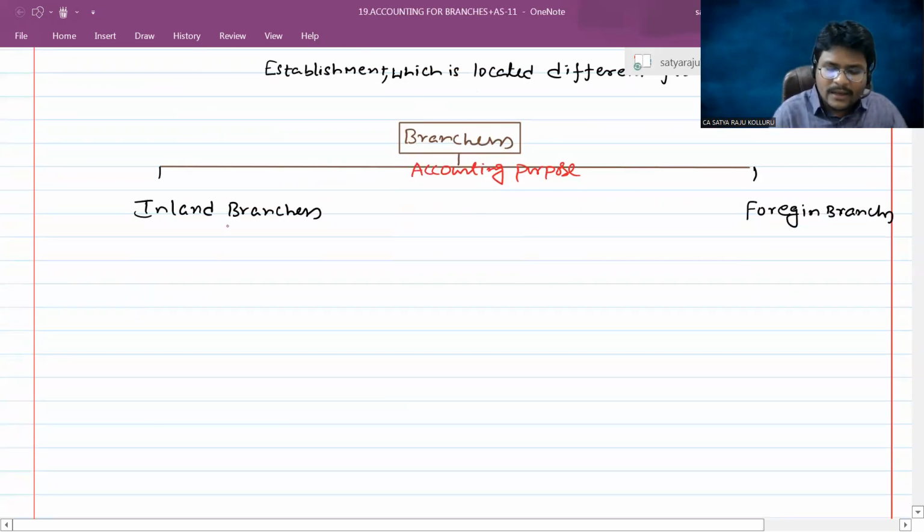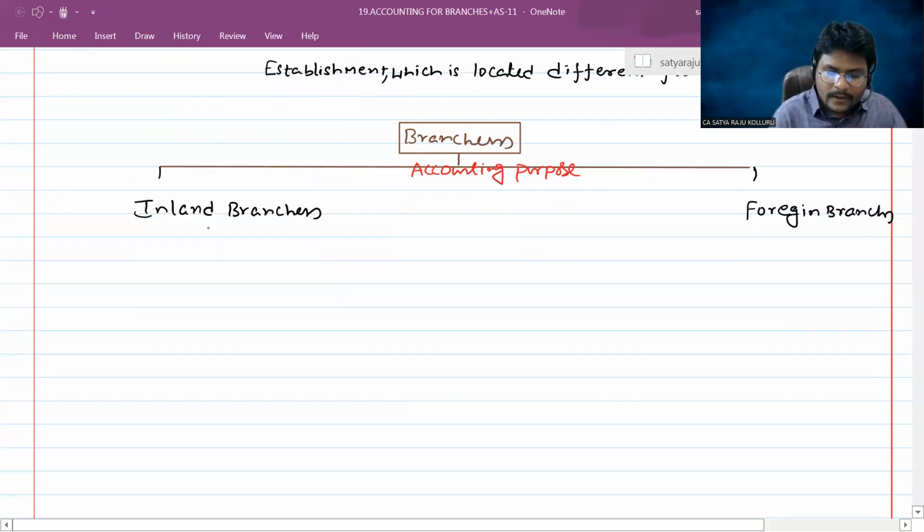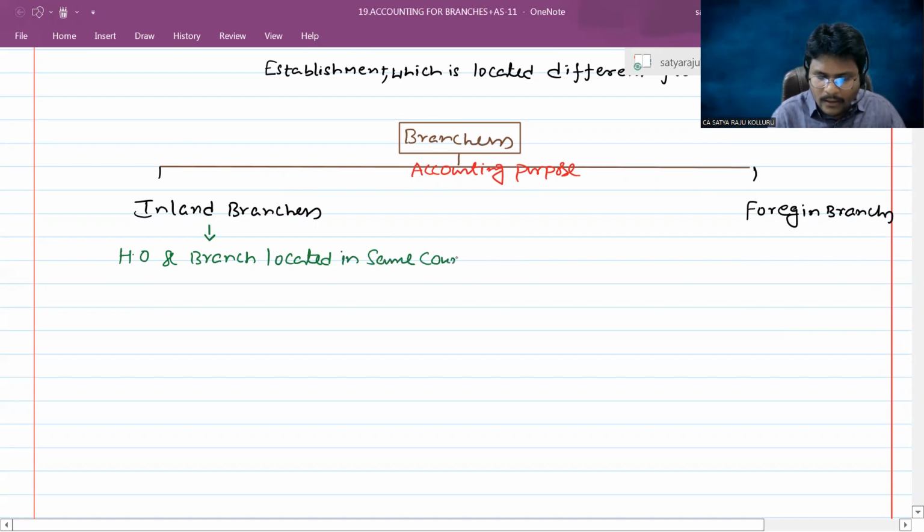Sir, what is the meaning of inland branch and what is the meaning of foreign branch, sir? Inland branch means both branch and head office are located in a single country. Head office and branch located in the same country, then such branches are known as inland branches.